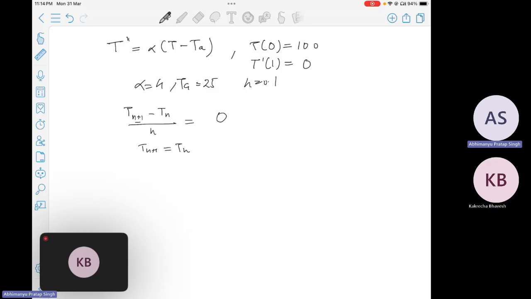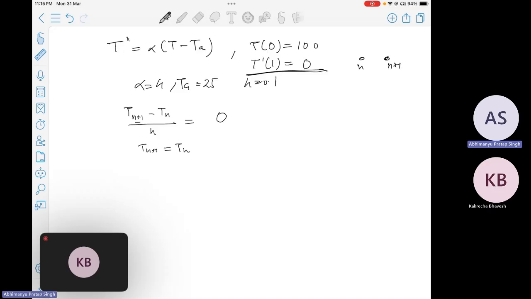So what they mentioned is that since it's a Neumann boundary condition, we have been given this derivative at the last node. So if this is n plus 1, this is the nth node. We have been given that dT by dz is 0 at this point.